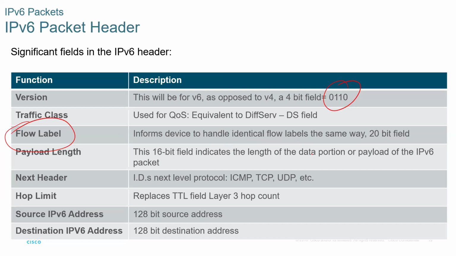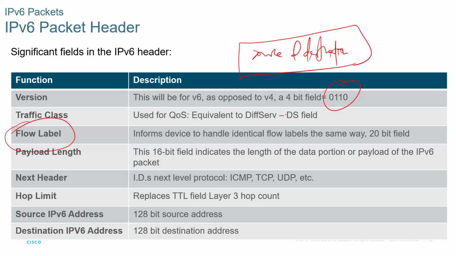It's a 20-bit field. So basically, traffic from the same source IP address and destination, we call that a flow. If traffic is coming from the same source and destination, it's called a flow.